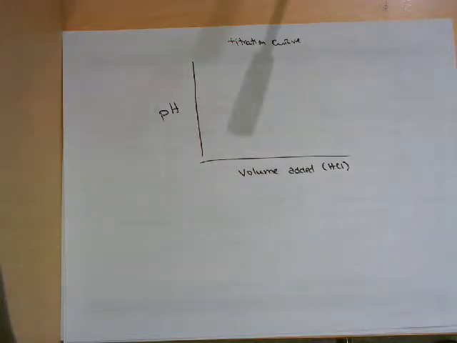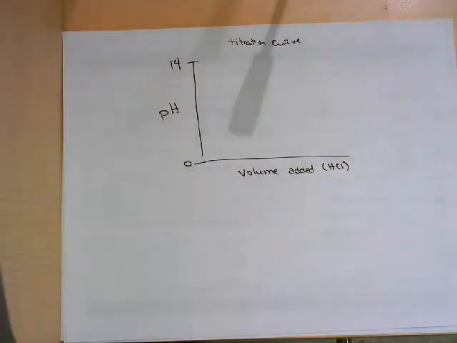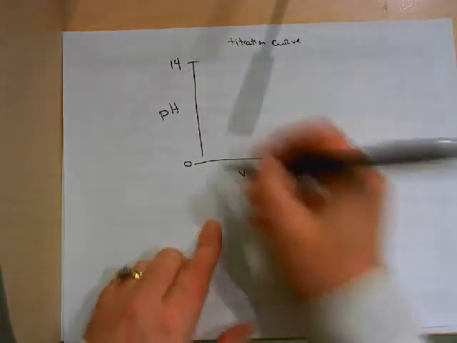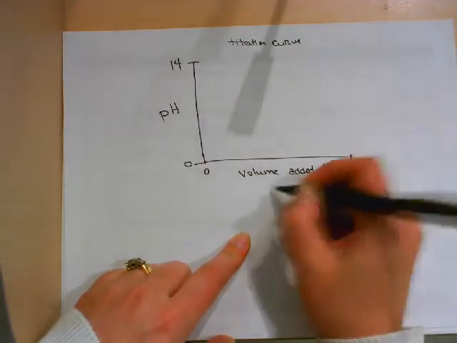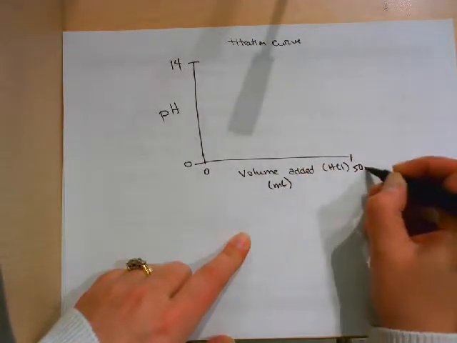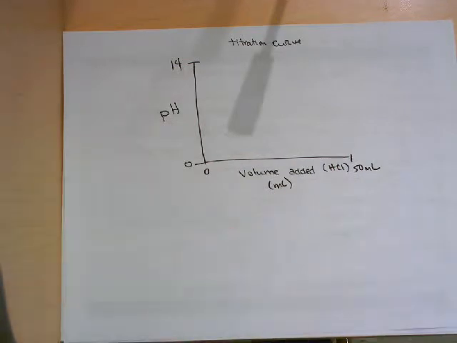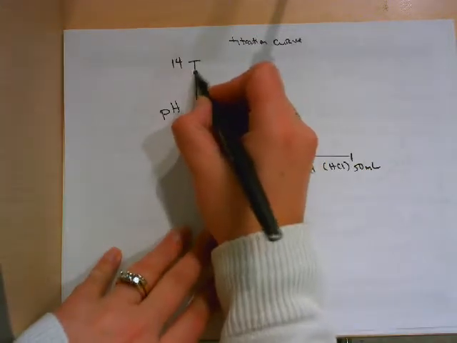What should the scale on my y-axis be? Top and bottom. 0 to 14, right? Seems like a trick question. So when I added 0 milliliters of volume, what was the pH? 13, right, we're up here.